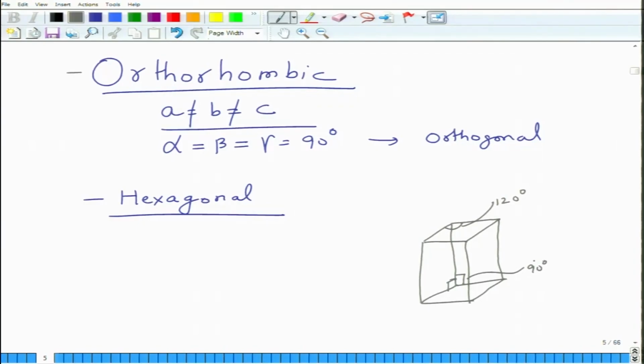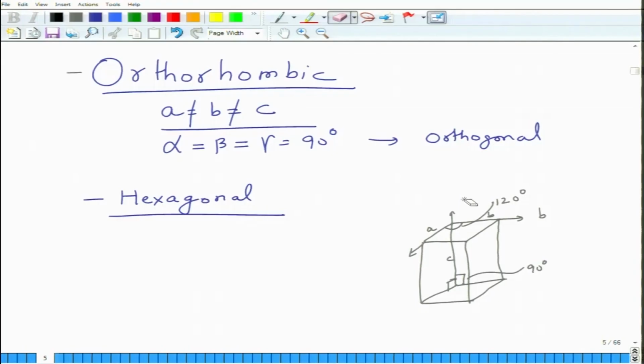So, you can say this is your a, this is b and this would be c.